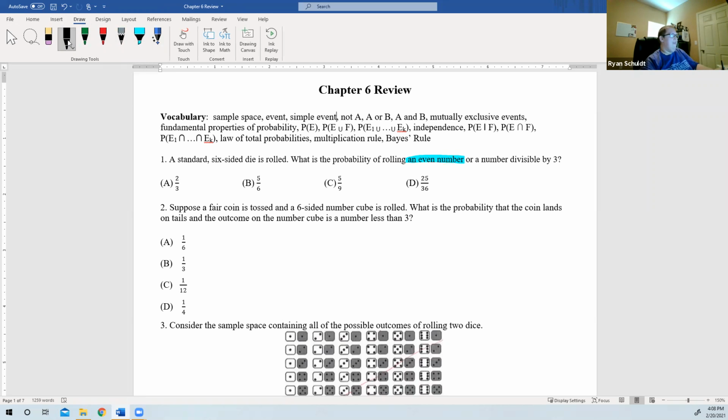We're rolling a standard 6-sided die, so our possible rolls could be 1, 2, 3, all the way to 6. Now, an even number. What are our even numbers? 2, 4, and 6. Those are the 3 even numbers that we could roll. I can't count today, evidently.